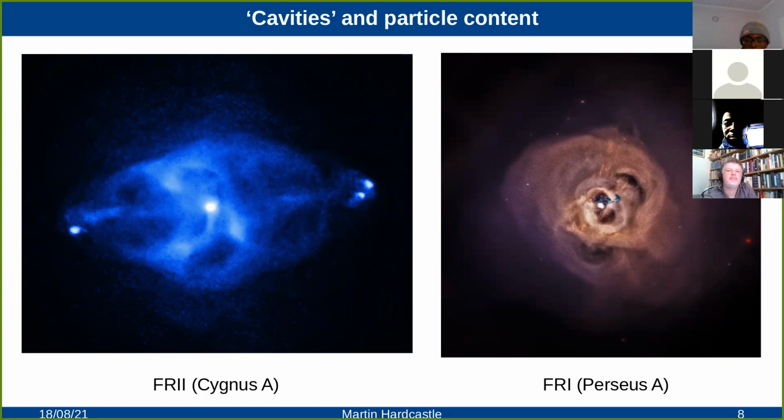But the nice thing about the cavity work in something like Perseus is that you can see the fossil record. Effectively, you can see imprints of past AGN activity that no longer produce any radio emission because it has disappeared. It's a good question, and there is a connection between the history and the cavities. Yes.